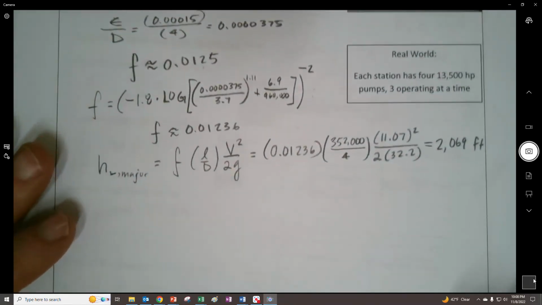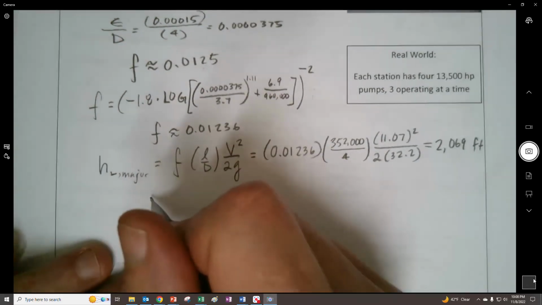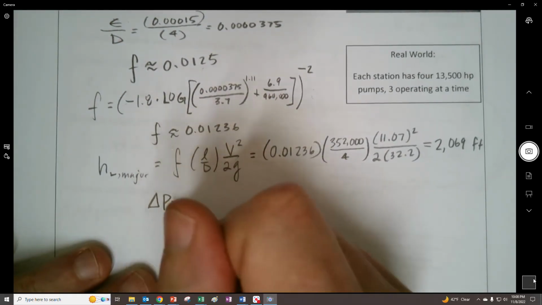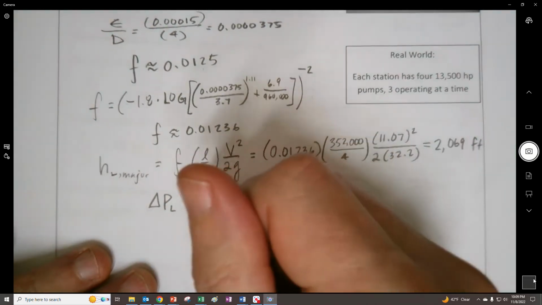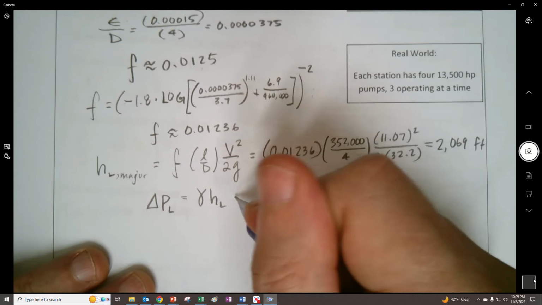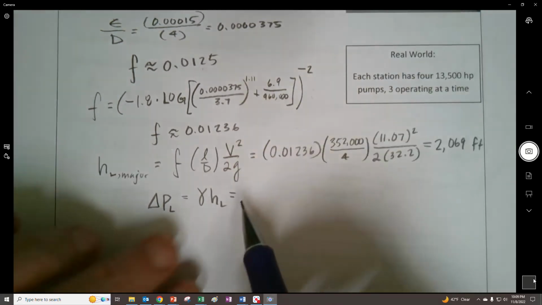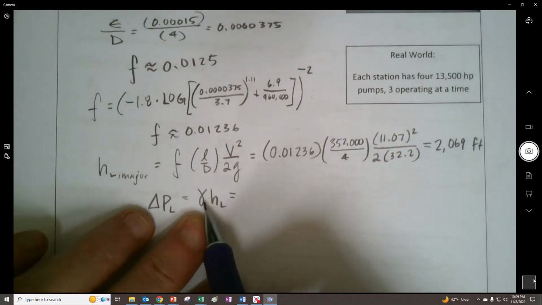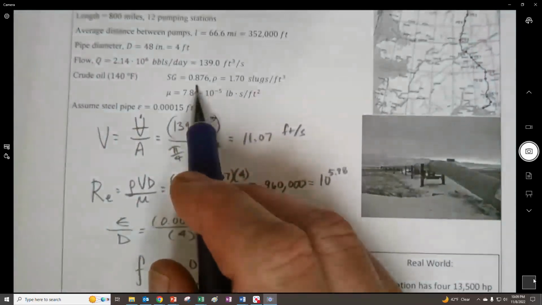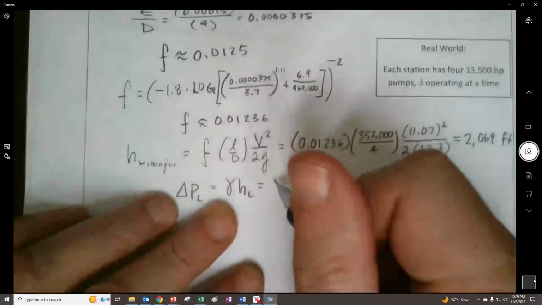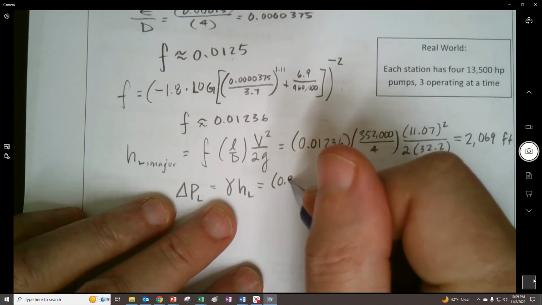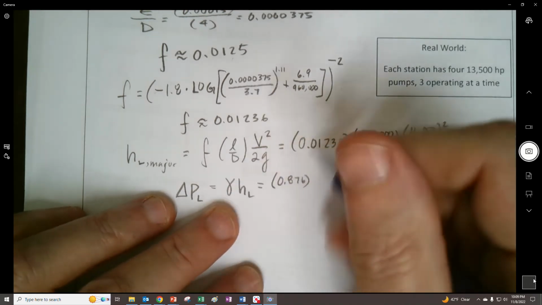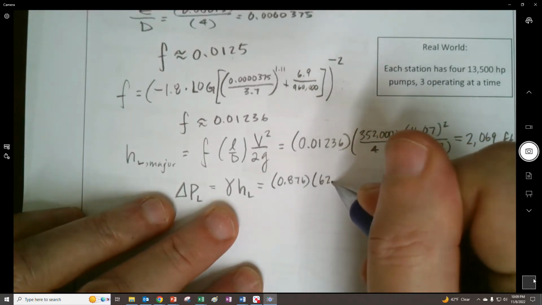And trying to get our head around that, and no pun intended, let's find out what the equivalent of the piping loss is going to be. That's just going to be gamma times the head loss, or we don't know the specific weight, but we do know the specific gravity. So we can always just multiply the specific gravity, 0.876, times the specific weight of water, 62.4, right?